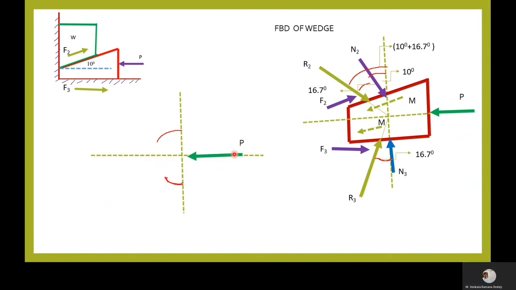P, and R2 is making an angle 26.7 degrees with the vertical. R3 is making an angle 16.7 degrees with the vertical. And resolve R2 as well as R3 into horizontal as well as vertical components.